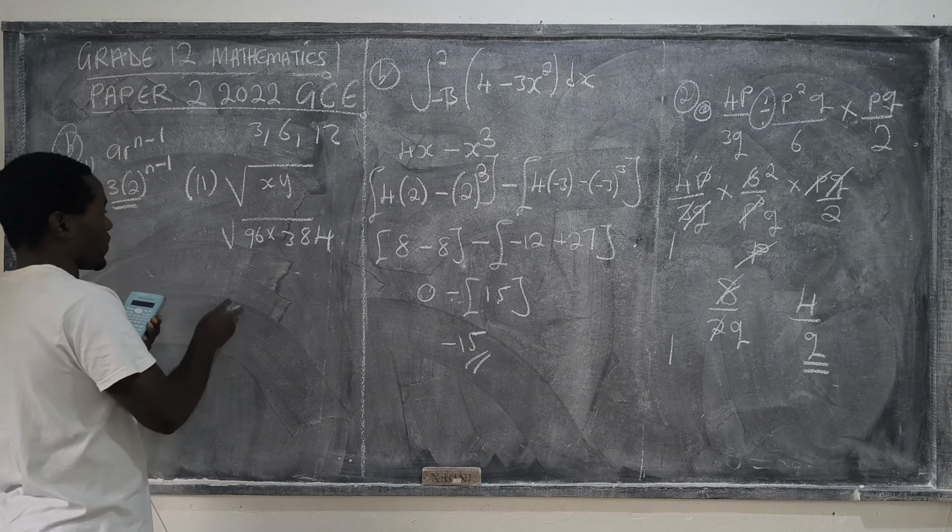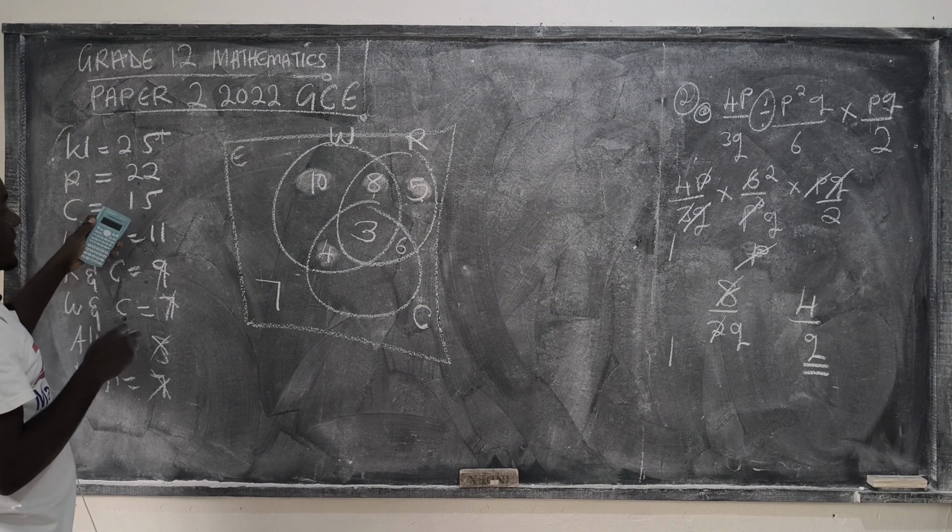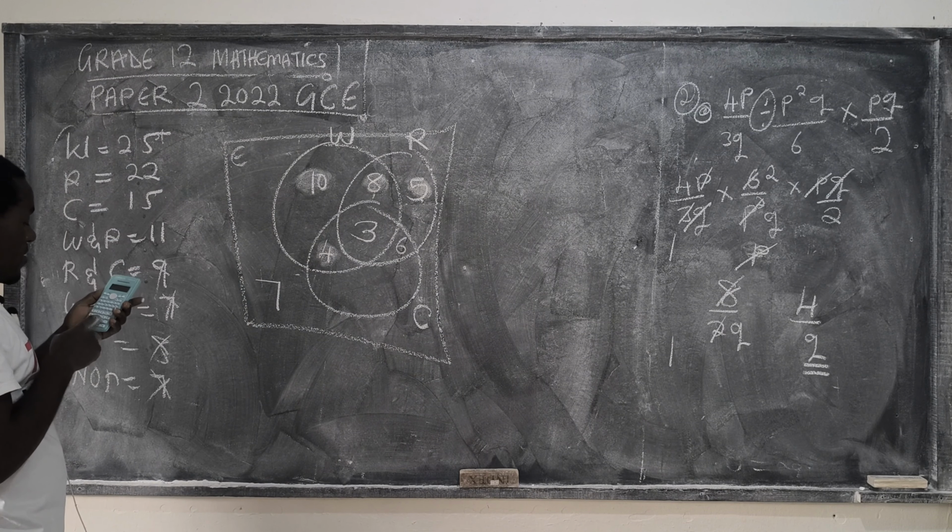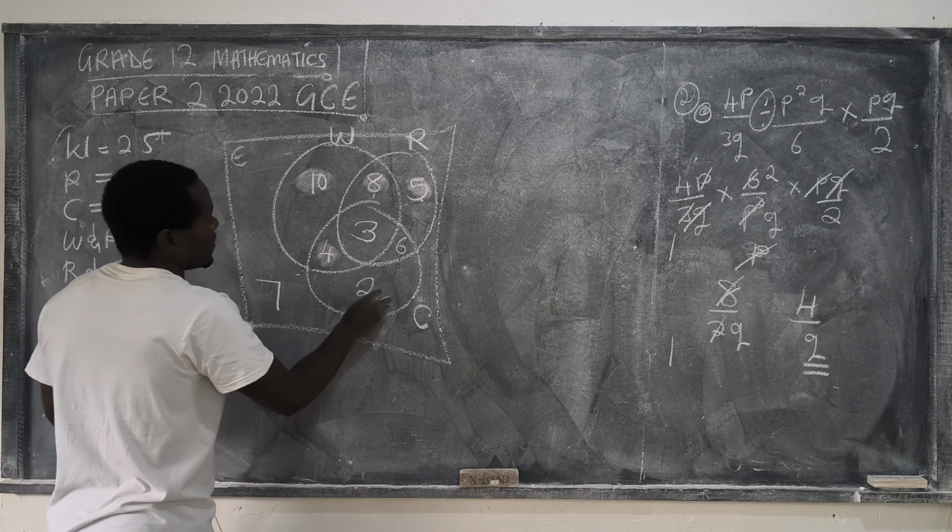Then running I have 22. So I'll say 22 minus 8 minus 9, which gives me 5. So this is 5, this is 10. Then I have now cycling, which is 15. So I'll say 15 minus 13, which gives me 2. So this is now 2.